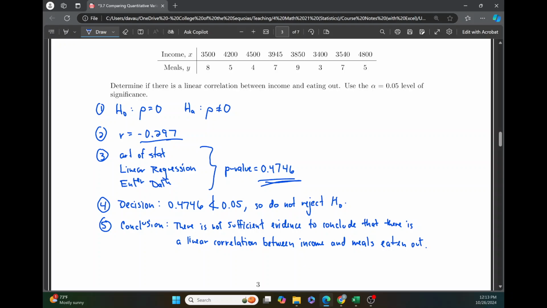Okay. You could also say that the variables are independent, right? That income and eating out are independent variables.